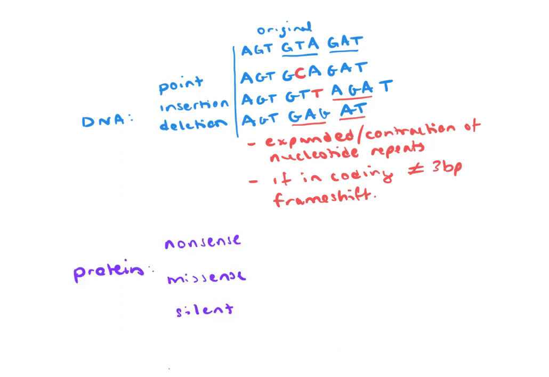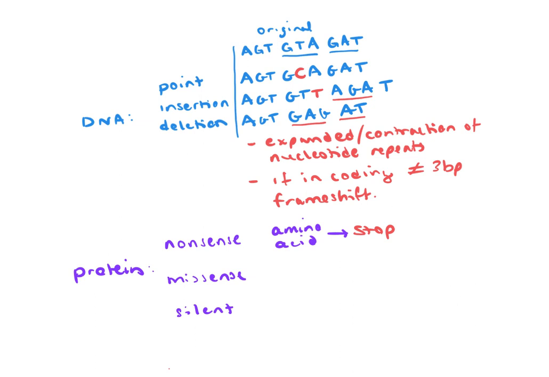So from the protein perspective, these DNA point mutations and insertions and deletions can lead to changes in the protein coding sequence. The first change can be a nonsense mutation, where a codon for an amino acid is changed into a stop codon. Again, this could arise from a point mutation or an insertion or deletion.